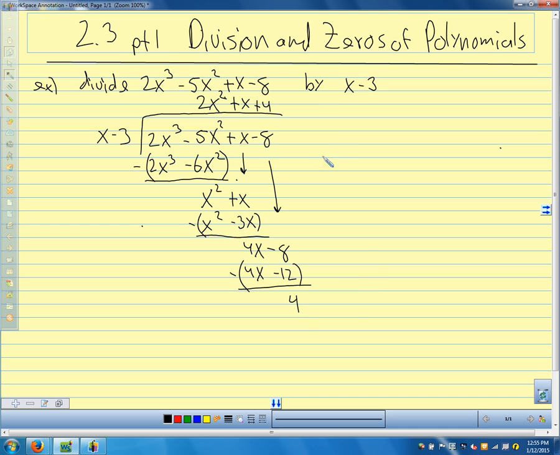So what this tells me is that 2x to the third minus 5x squared plus x minus 8 divided by x minus 3 equals this part, 2x squared plus x plus 4 plus the remainder. This is my remainder, 4 over whatever I divide it by. We'll call this the remainder.